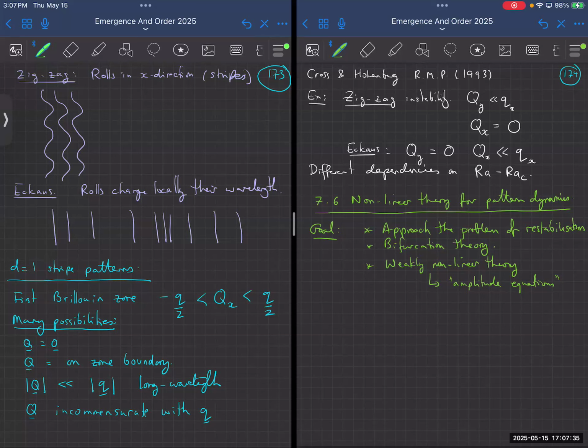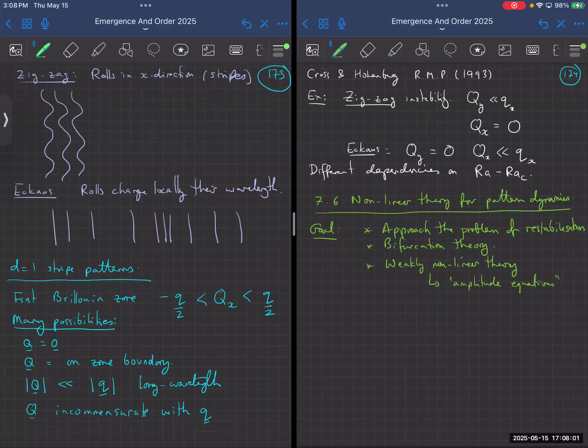So I worked on those things when I was a postdoc, and I thought there should be a better way to do it, and there is. The better way to do it is using the renormalization group, which I discovered maybe 10 years later. So I'm going to show you a very, very simplified version of the renormalization group way of trying to do these sorts of calculations.